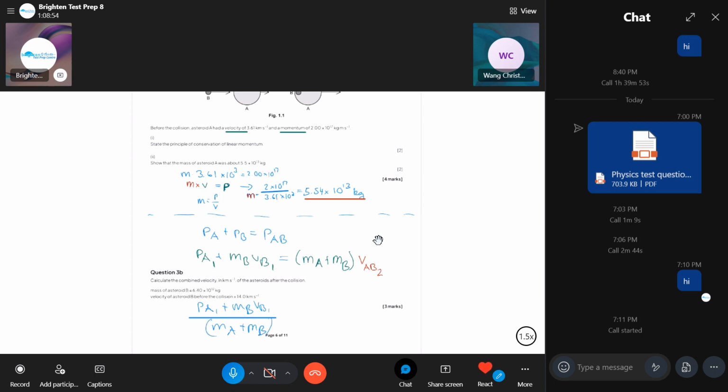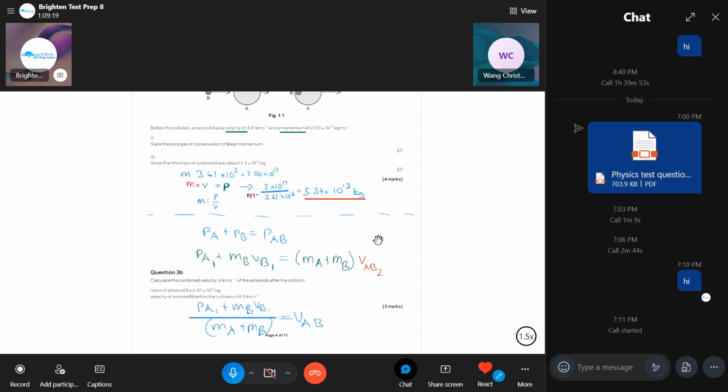Which is kind of interesting, but very obvious, of course. We divide the sum of the two momentums by the sum of the masses, and we get the velocity after the collision, or the velocity of the two bodies together.